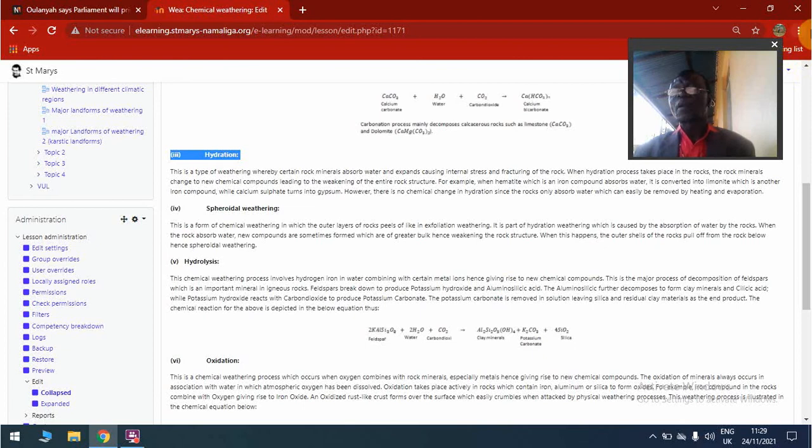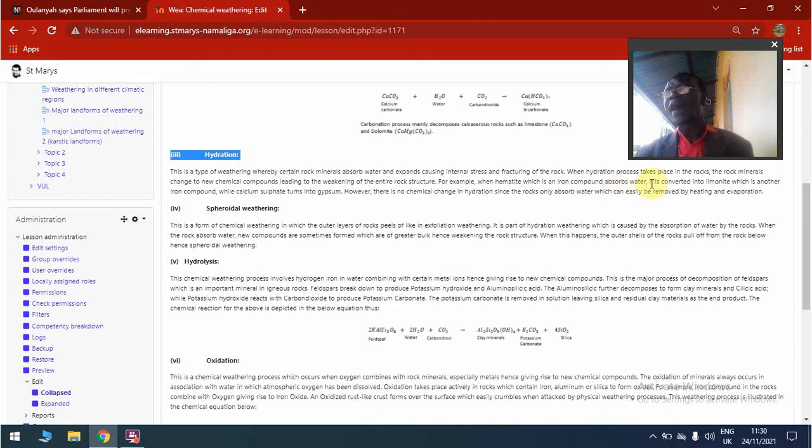For example, the most common type is the weathering of rocks which are made up of iron. For example, when hematite, which is a form of iron compound, is attacked by hydration weathering, then it will be converted into limonite.